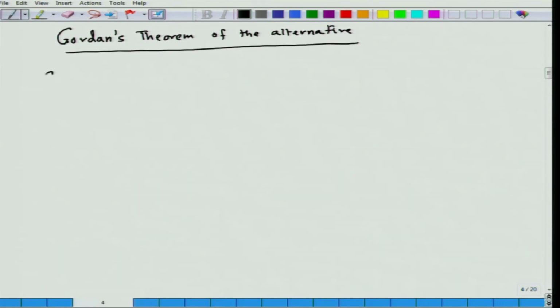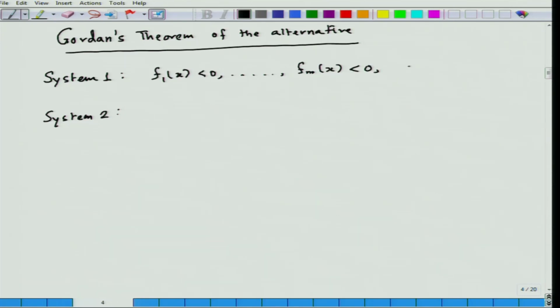Now, I have two systems, system 1 and system 2. Let us write down the two systems. System 1 is exactly what we were just discussing: you have a chain of m inequalities with convex functions, m convex functions, and we are looking for an x in Rn which will satisfy all of these.